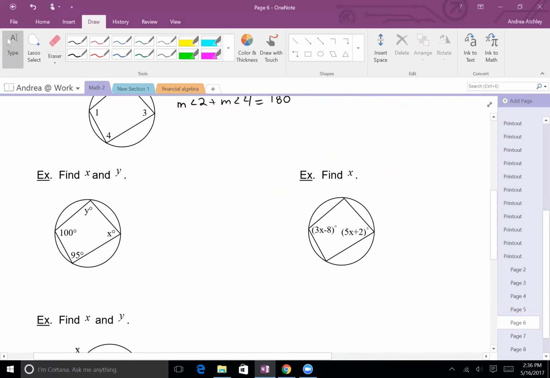So to find x and y, we need to write those equations. So 100 and x are opposite angles. So x plus 100 has to equal 180. So x would equal 80.